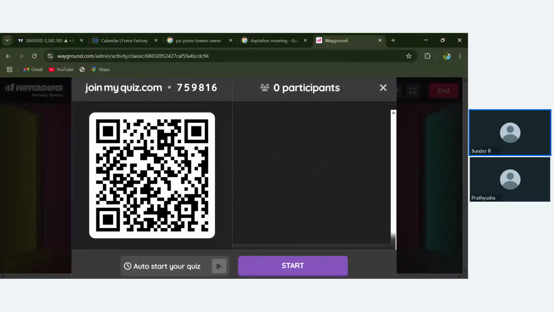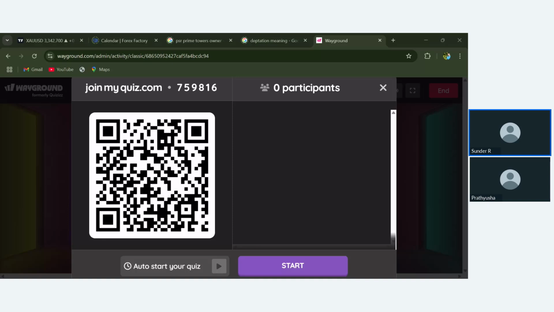Guys, so please scan this QR code. I hope it's visible, right? So you can scan this QR code, mention your name, and then we can start out with the quiz. Yes, I'll share the drive link as well.